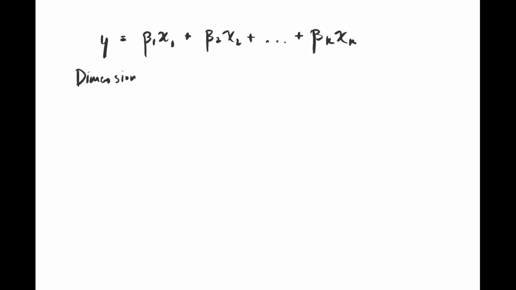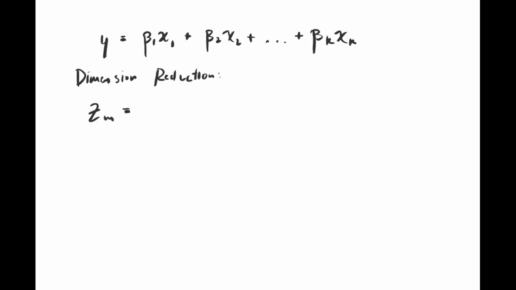So if we start with our standard linear regression equation, y is equal to beta 1 x1 plus beta 2 x2, and so on and so forth, to beta k xk, the dimension reduction looks something like this.